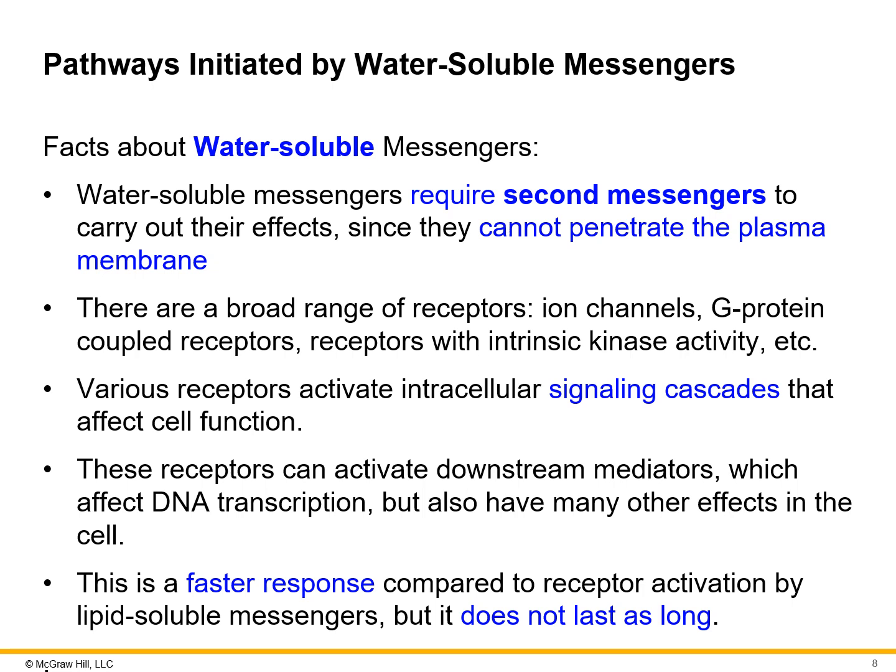So these, simply said, are more complex systems, okay? They involve more steps than the lipid-soluble messengers do. However, they produce a faster response that does not last as long as the lipid-soluble messengers.